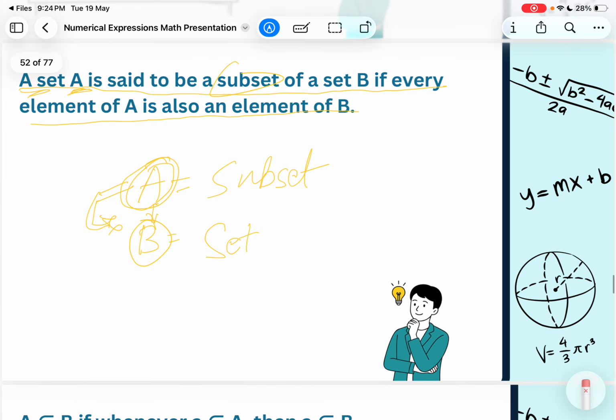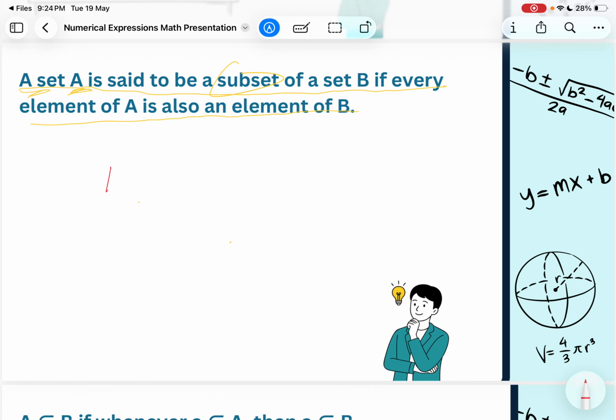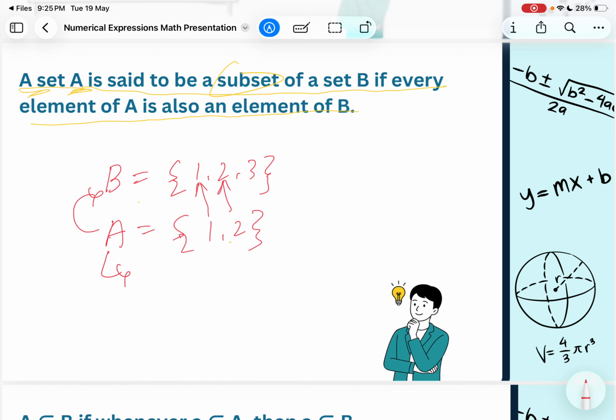So what is it saying? It's saying that if you have a set B, it can be written as B equal to {1, 2, 3}, suppose. A can be a subset of B if all the elements of set A are also elements of set B. Look here, this is a subset and this is a set.